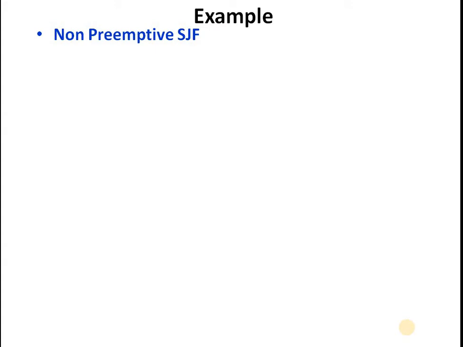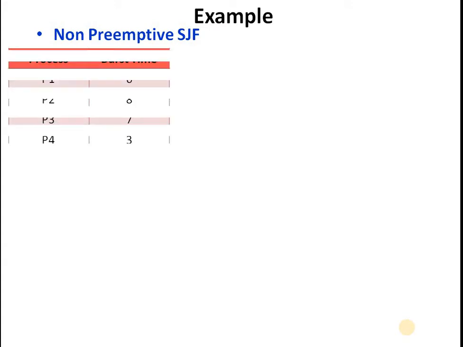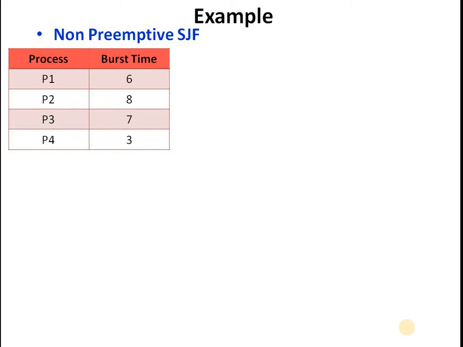Now we will take the example of non-preemptive SJF. The table shows the processes with their burst times. P1 has 6 milliseconds, P2 has 8 milliseconds, P3 has 7 milliseconds, and P4 has 3 milliseconds. These are the burst times.